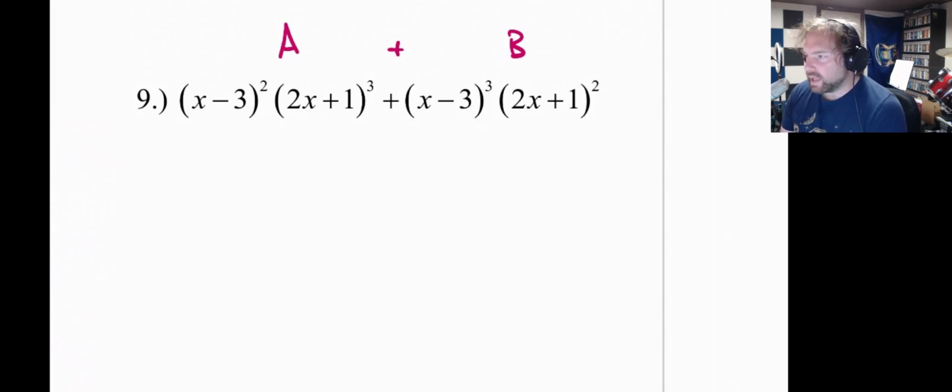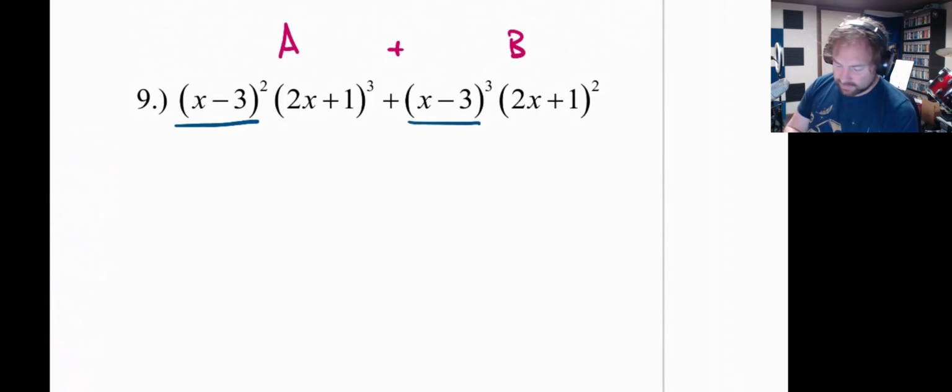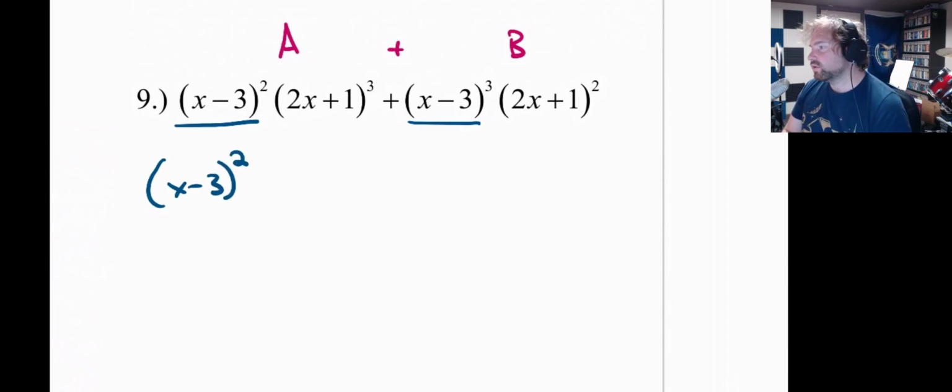So if we look at a on the left and b on the right, what do they have in common that we could potentially factor out? Well, they both have at least 2 x minus 3's. B has 3 of them, A has 2 of them. So let's factor out x minus 3 squared. That would be the greatest common factor when it comes to the x minus 3's.